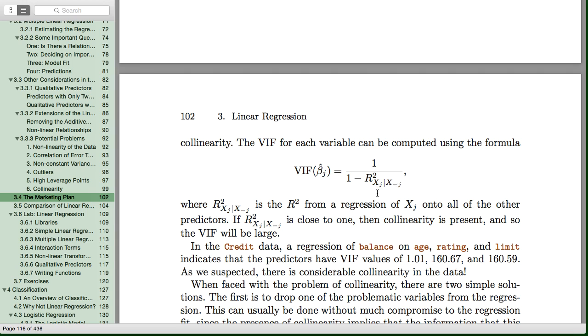So this is a regression that doesn't involve the response variable. It only involves the predictor variables. We use one of the predictors as the output variable, and the other predictors as the input variables. Then we take the R squared that results from that, subtract it from 1, and divide 1 by that number.